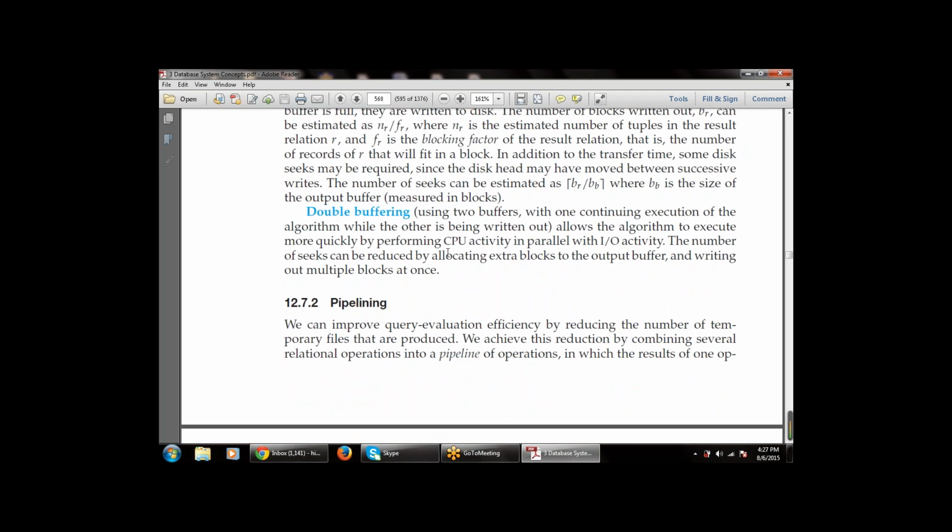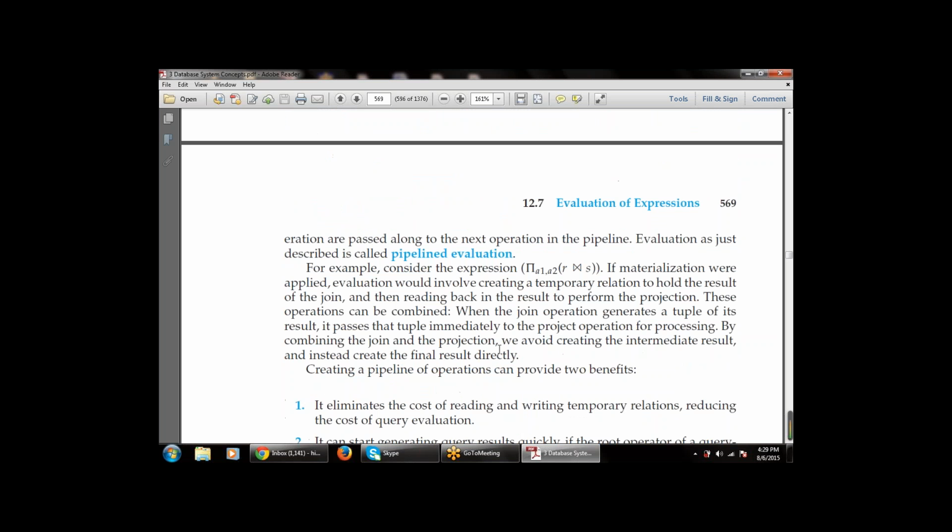Next is pipelining. The pipelining method is also used for query evaluation efficiency, to reduce temporary files; the temporary files are removed by using the concept of pipelining. The operations are performed and passed to the next operation: one operation is performed, and the result is passed to the next operation, then the next.